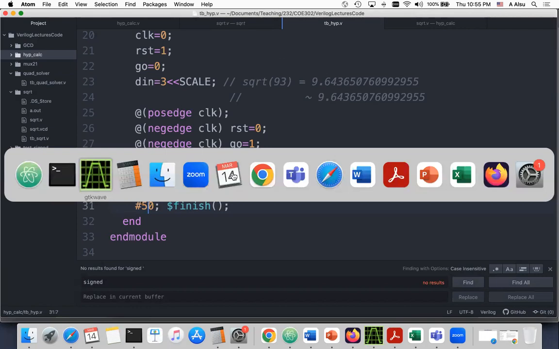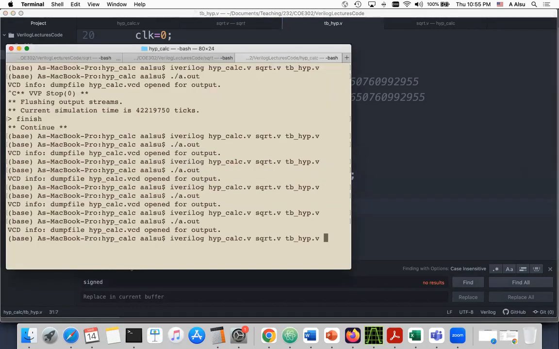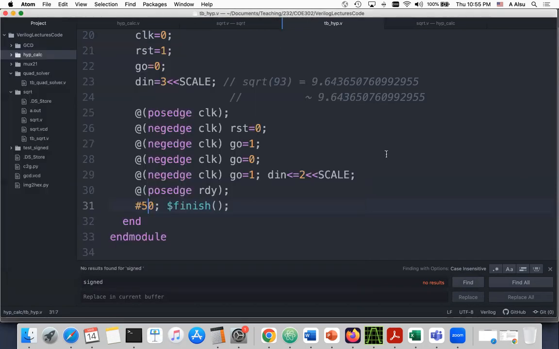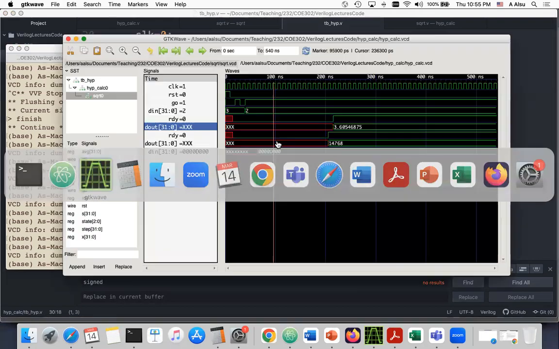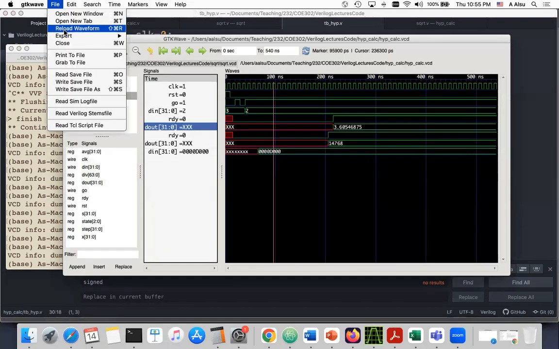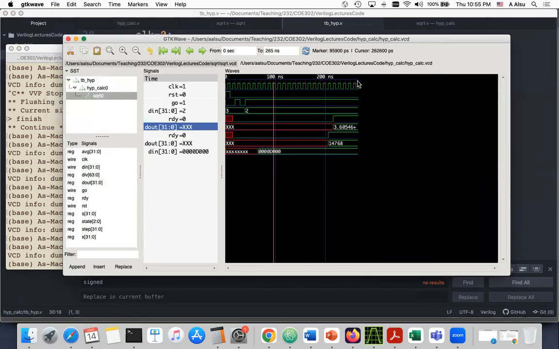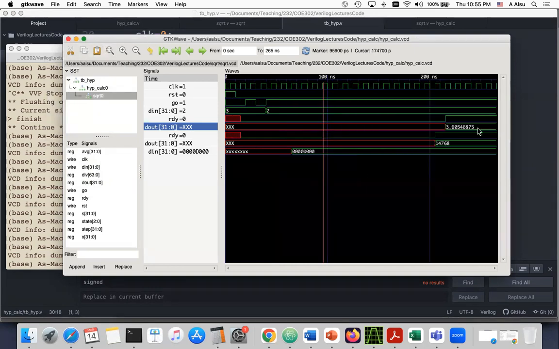Let's compile this again. Right, and it exits because ready goes to 1. You can see that it doesn't continue all the way to 500 nanoseconds because it doesn't need to. So the result here is shown at the end like this.